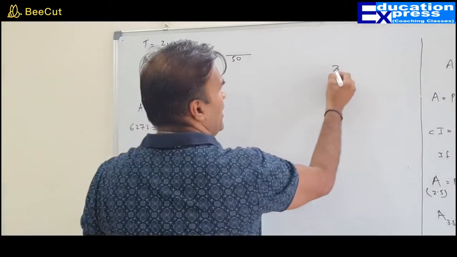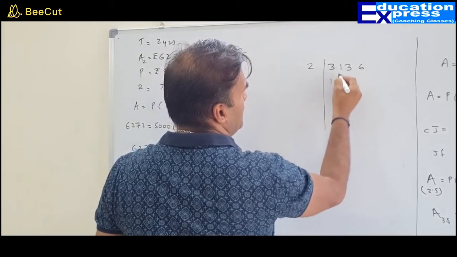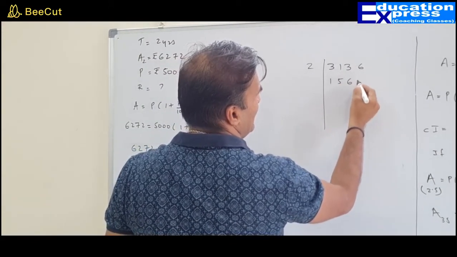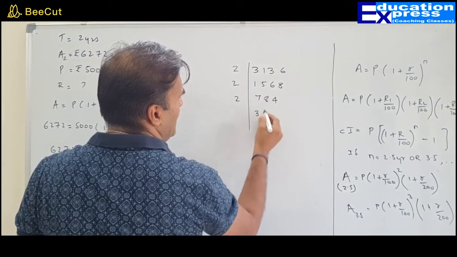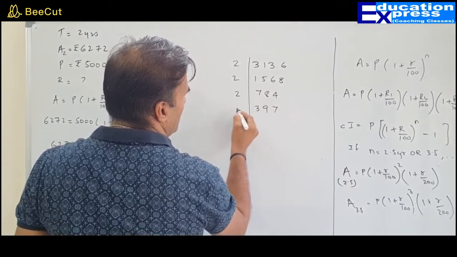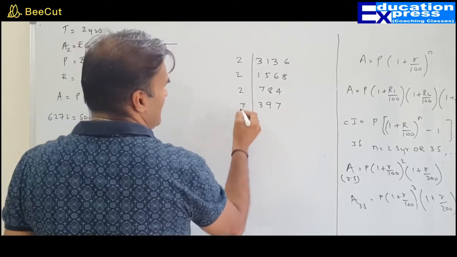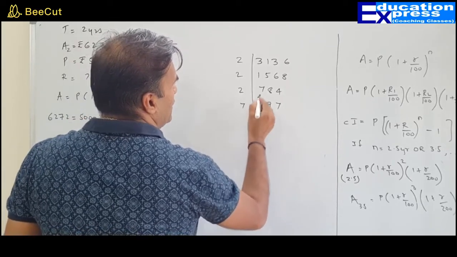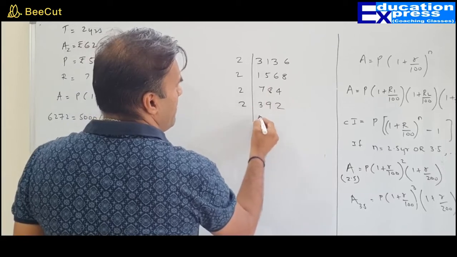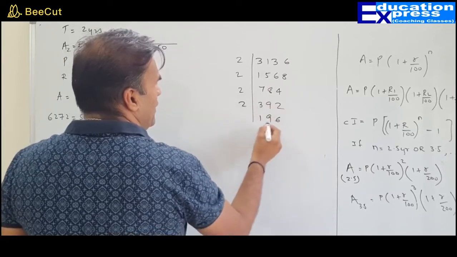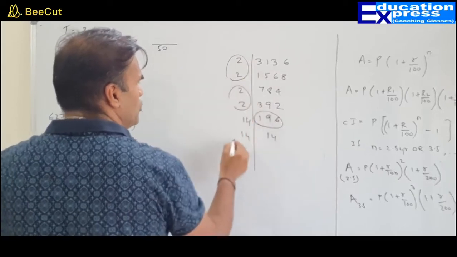But let me find out. 3136 is a square too. Dividing by 2 repeatedly, we get 1568, 784, 392, 196. 196 is 14 square. What do you get? 2 square, 2 square, 14 square.